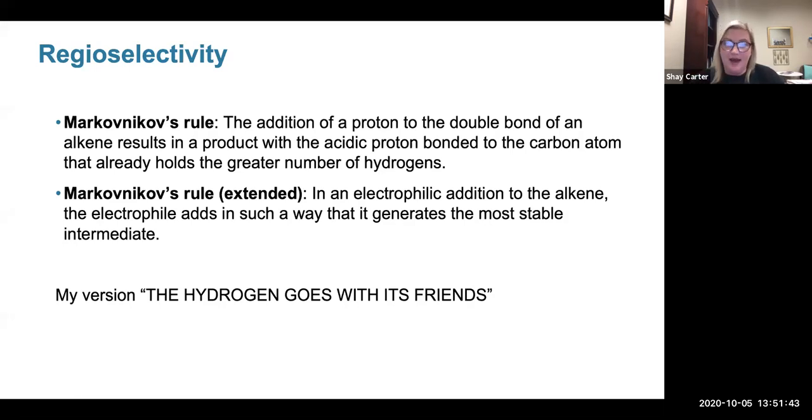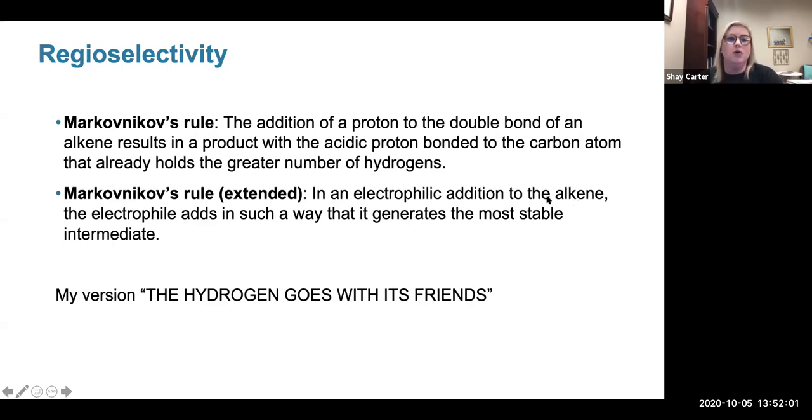The reason that the hydrogen goes with its friend is because the carbocation will form on the carbon that has the most carbons attached to it already, because a tertiary carbocation is more stable than a secondary carbocation, which is more stable than a primary carbocation.